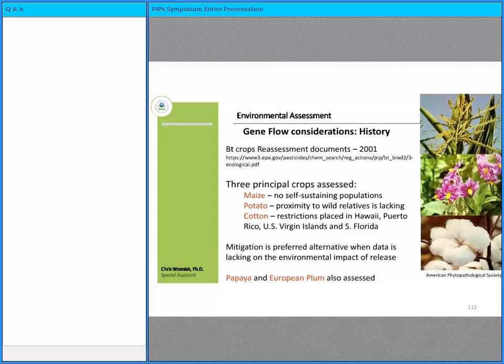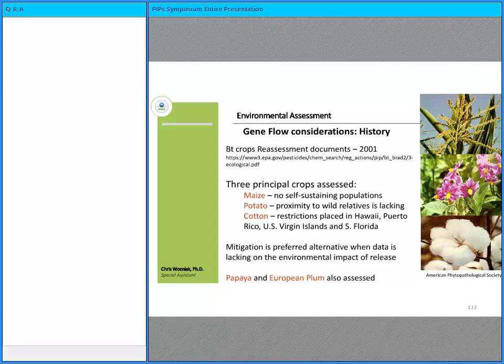Now with maize, not too surprisingly, there are no self-sustaining populations of corn in the United States or territories and possessions, so there really was no issue of corn cross-pollinating, say, Zea mexicana or another teosinte or something like that. Those only exist as museum and special planting kind of things. So that was a non-issue.